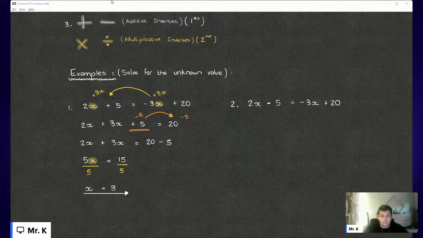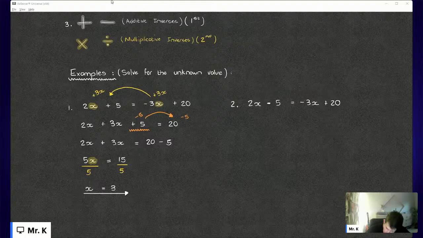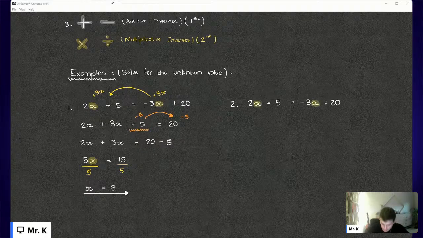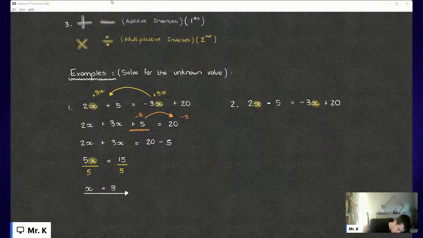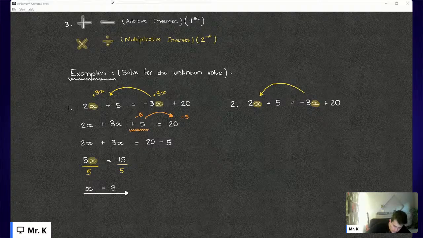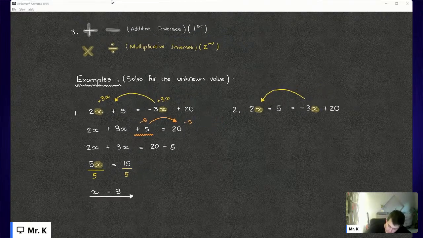Grade 8, the fastest way to get through an equation like this is to remember your opposites or your inverses. I know that I want to get all of my variables together and the constants together. So if I want to move this negative 3x over to this side of the equation, instead of doing this entire process we discussed on the left, the faster way to do it would be to simply change the sign.